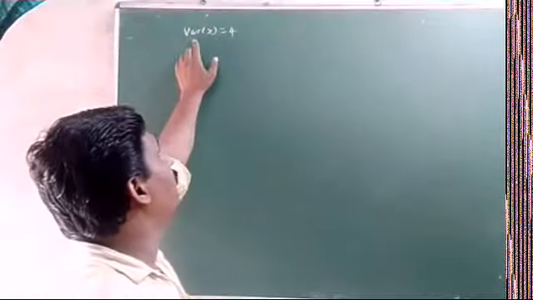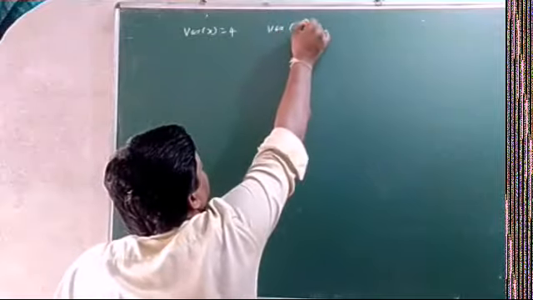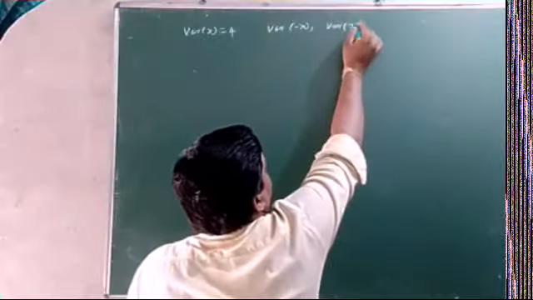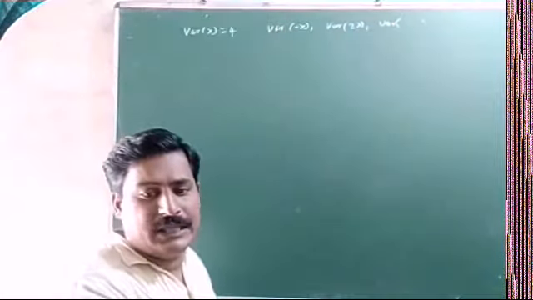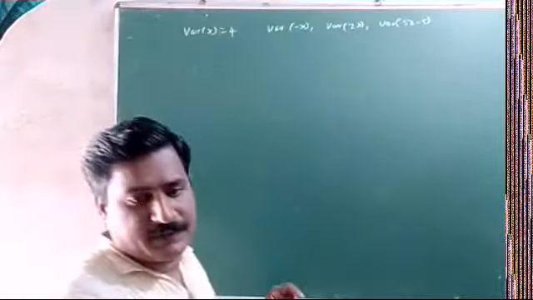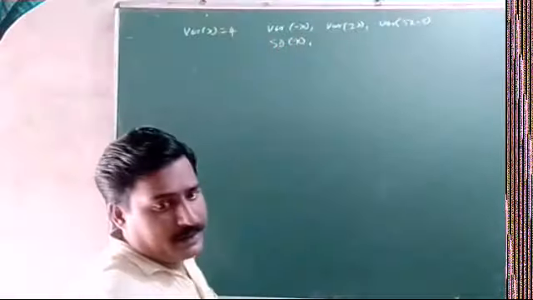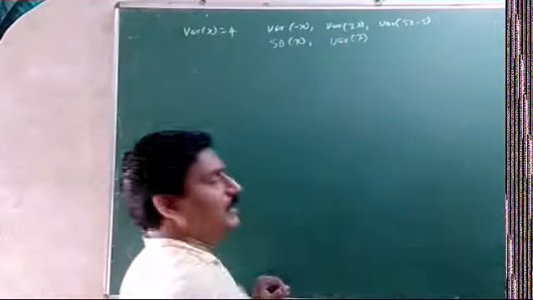That is, if variance of x is equal to 4, find variance of minus x, then variance of 2x, then variance of 3x minus 5, then standard deviation of x, SD of x, and variance of 7.